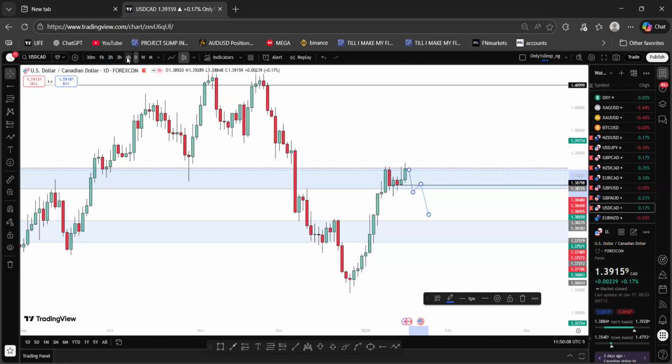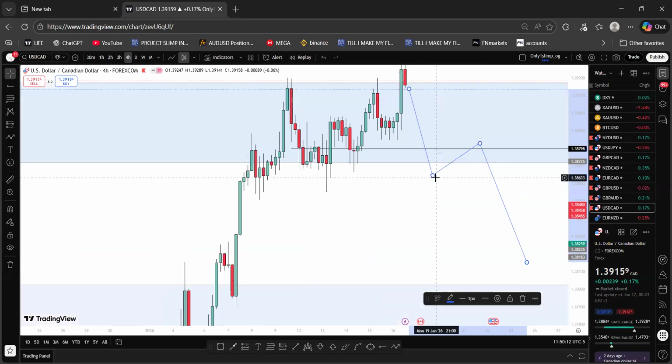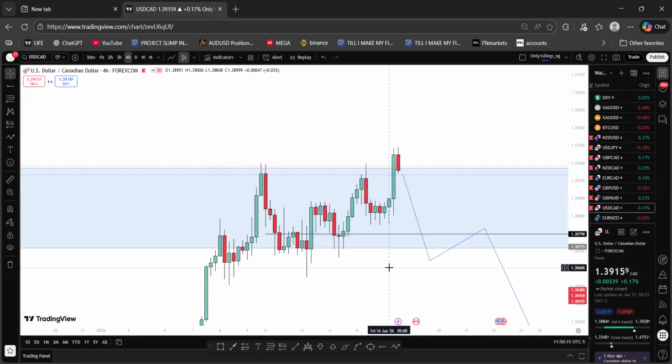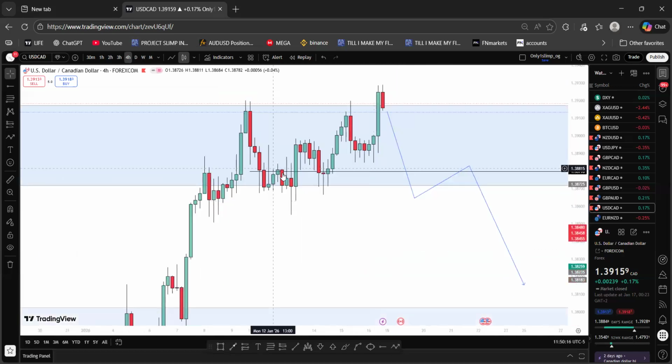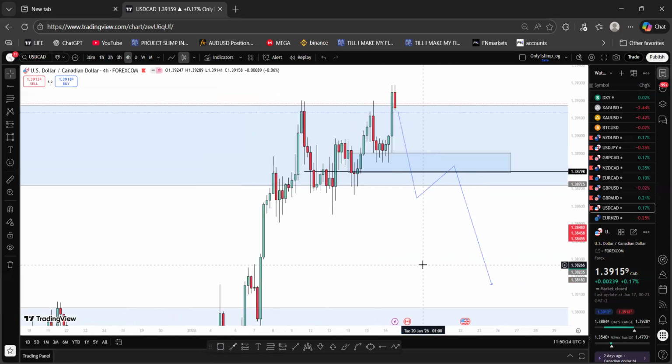If I put this on the 4 hour, you can even clearly see that this is a very strong setup, setting up. So you can see I'm having a nice neckline here. You can see this nice neckline, and we have the left, we have the head.